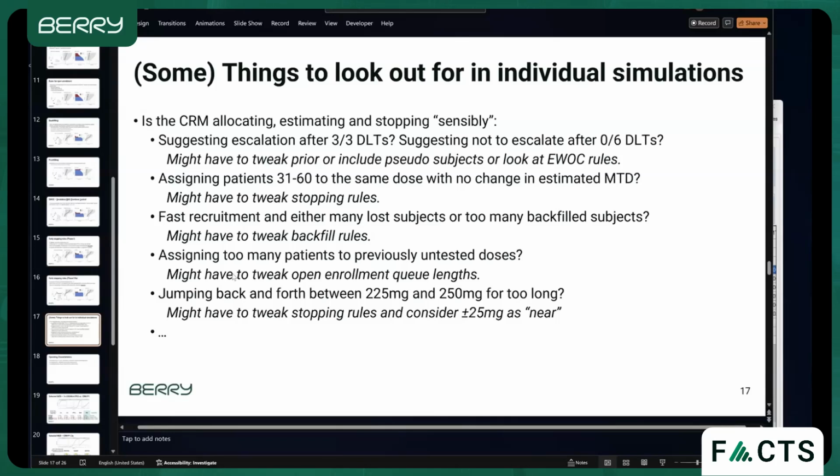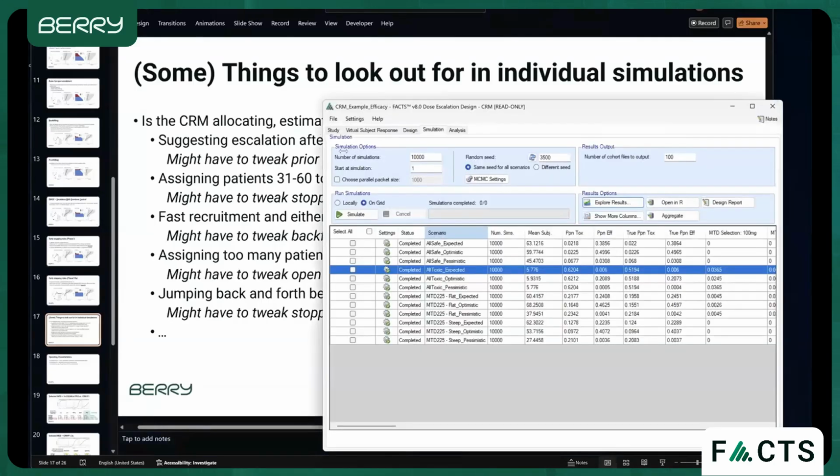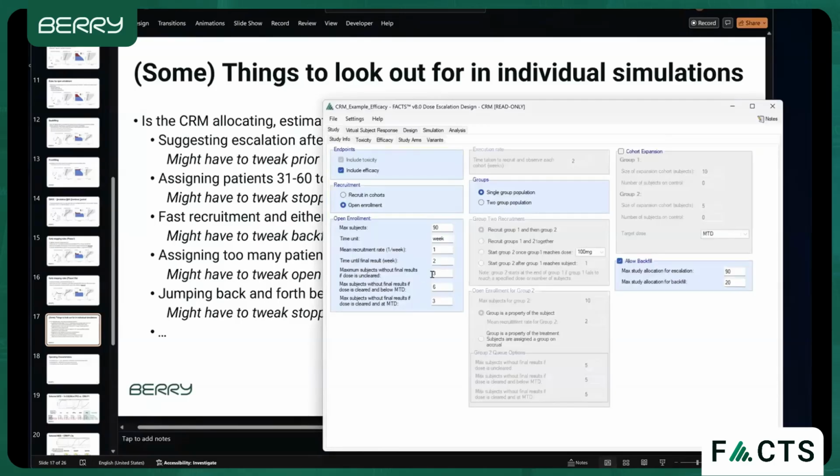What if, say, you've cleared 200 milligrams and now we're escalating to 250 milligrams, but you're assigning 10 patients there at this untested dose? Well, then you know you need to tweak your queue lengths that we were talking about in the very beginning, which can be found here. This is our risk management in open enrollment.